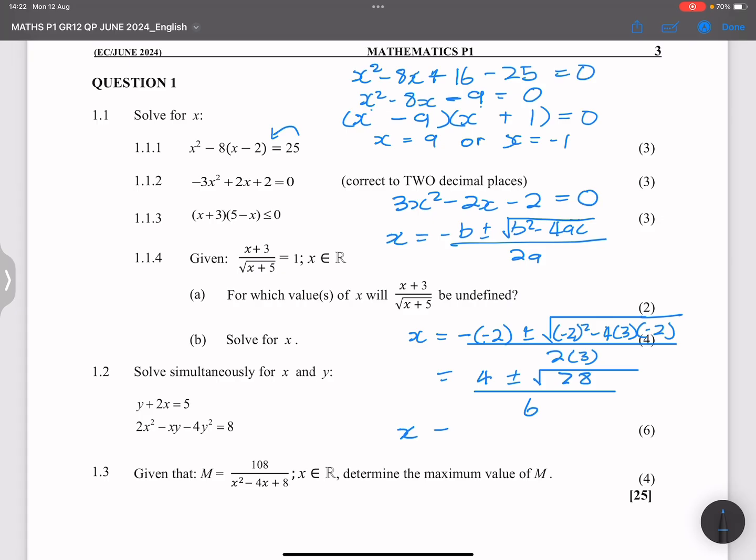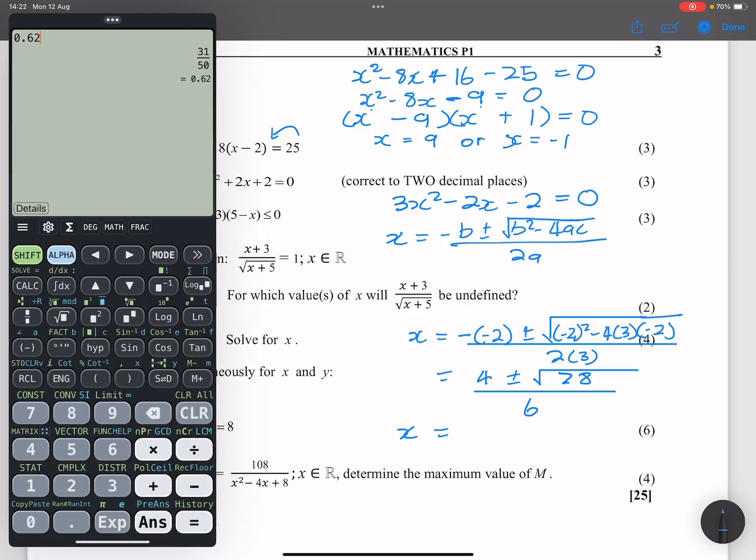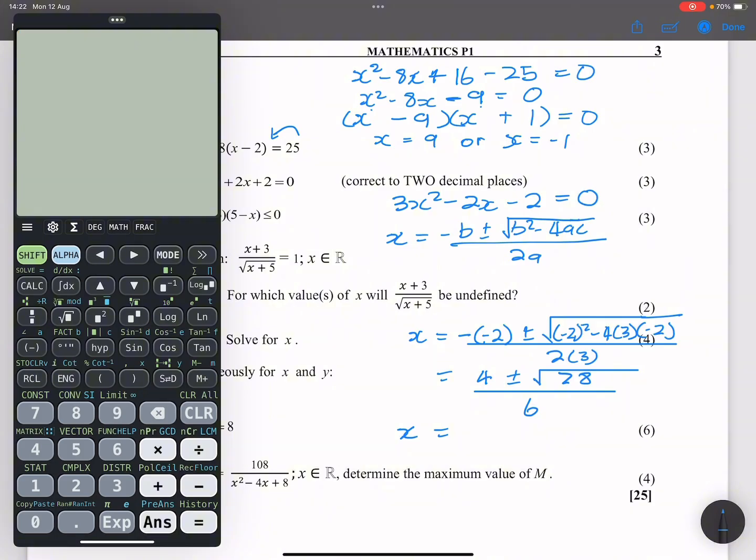Now to get our values for x, remember they said correct to 2 decimal places. So that will be 4 plus the square root of 28, divided by 6. I get my first answer to be 1.55.